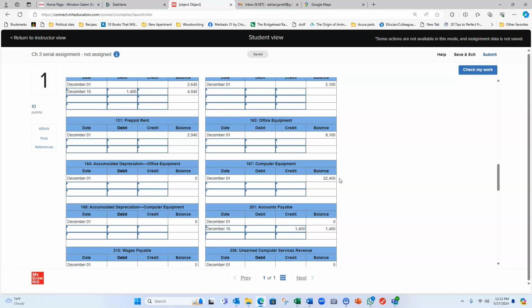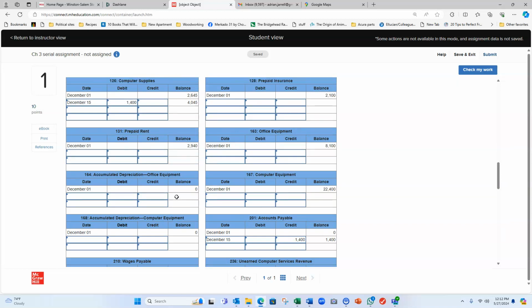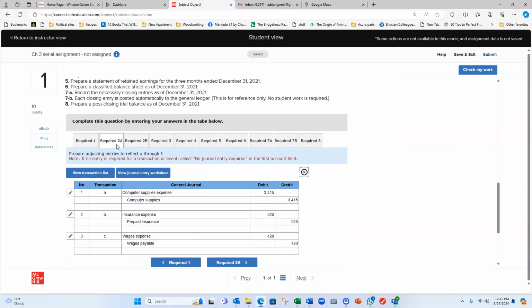Divide that by 12 to get the monthly depreciation. 5,600 divided by 12, and I get $466.67 a month.